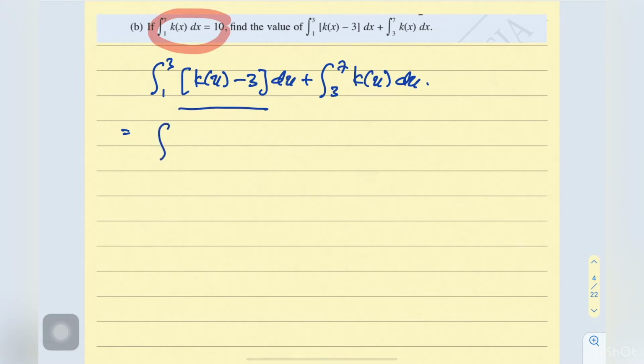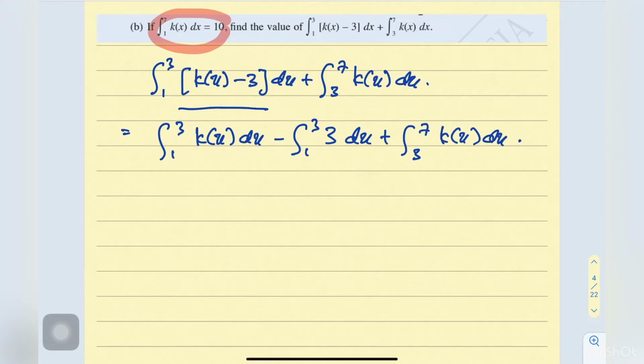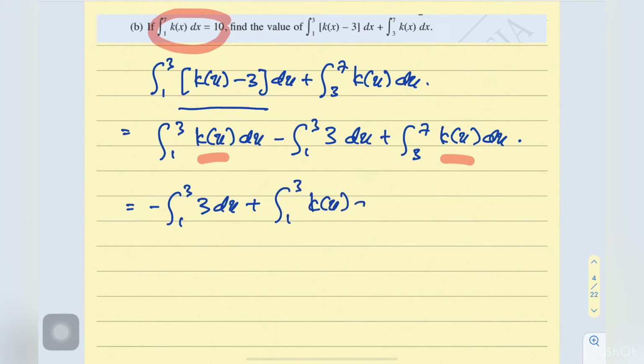So it becomes integral from 1 to 3 of kx dx minus integral from 1 to 3 of dx plus integral from 3 to 7 of kx dx. Okay, so then it looks like we can combine this. Then we rearrange: negative integral from 1 to 3 of dx plus integral from 1 to 3 of kx dx plus integral from 3 to 7 of kx dx.